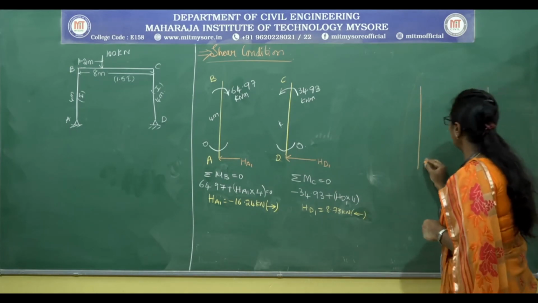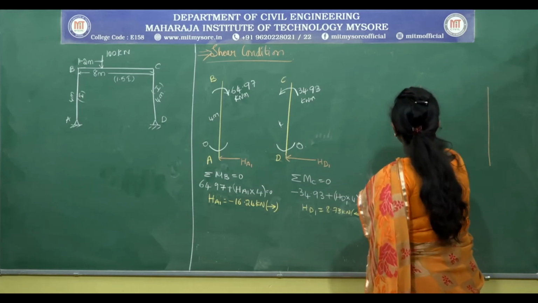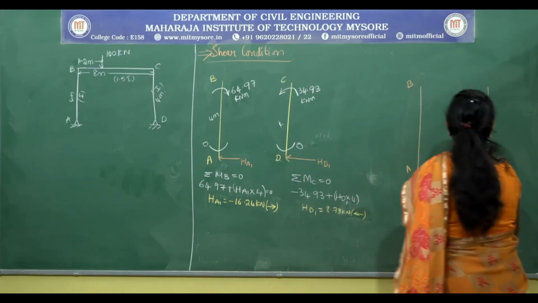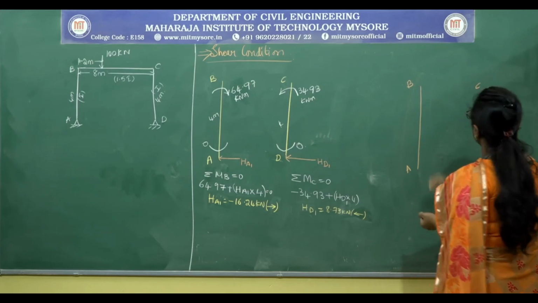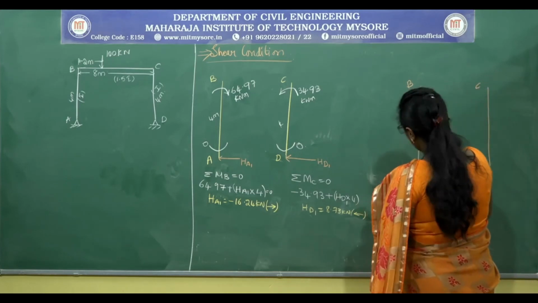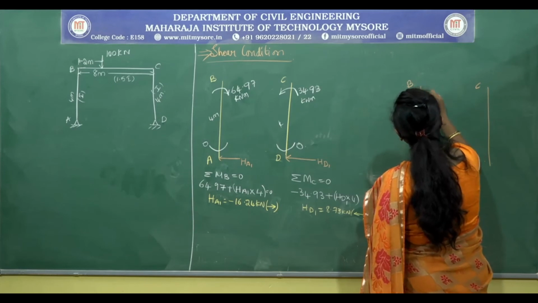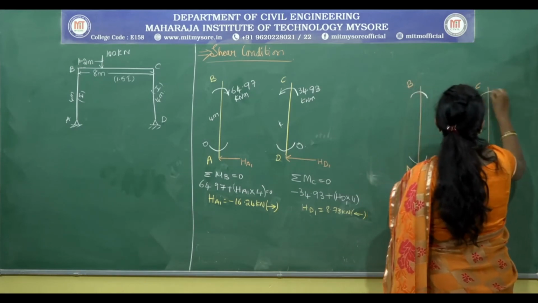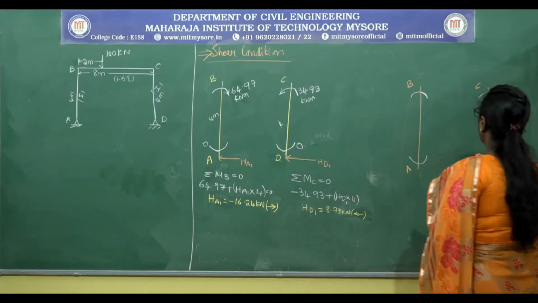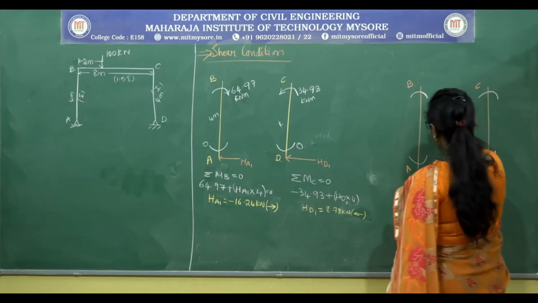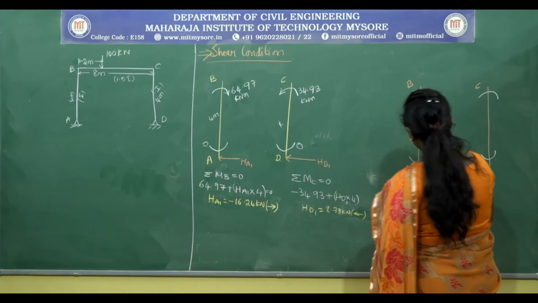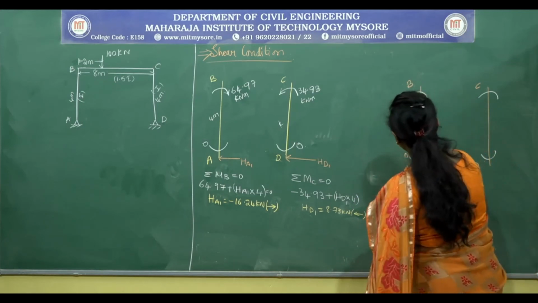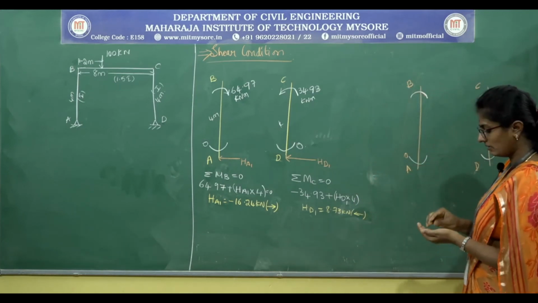Now, I shall consider the same members AB and CD which is subjected to the moments with sway. Okay. So what is the moment at BA? The moment at AB is 0, since the moment at the support is 0.